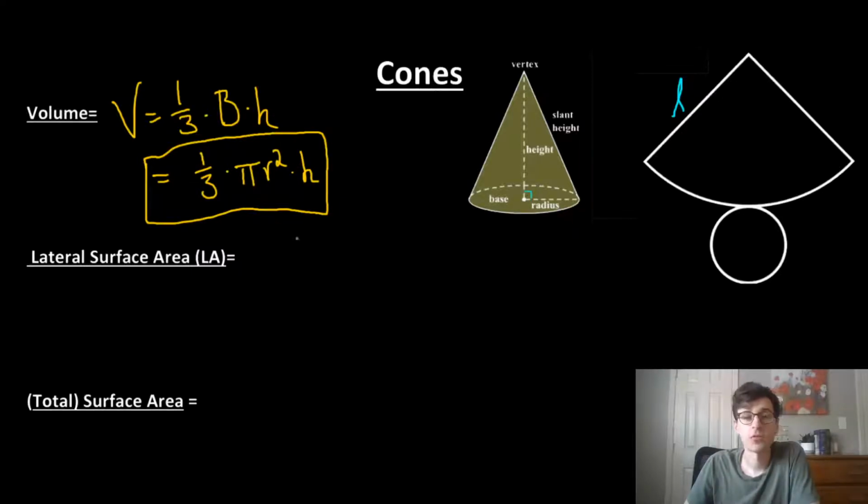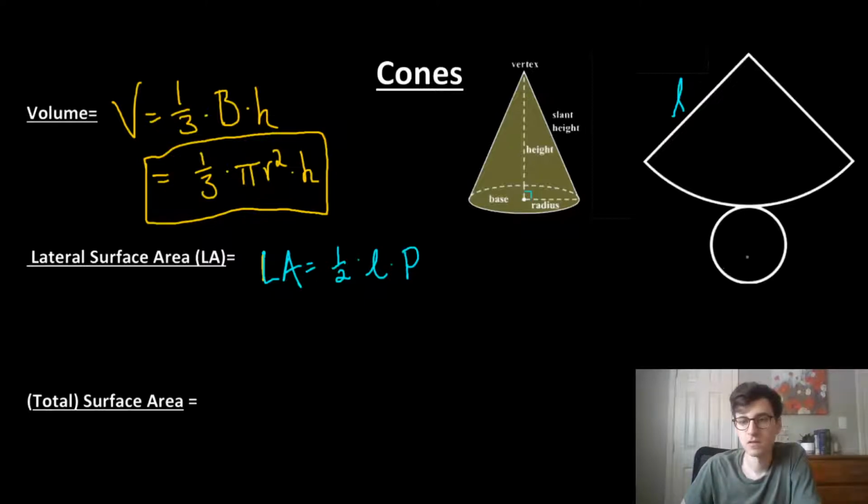Let's talk about lateral surface area. Just like in a pyramid, the lateral area is equal to 1/2 times the slant height. Let's maybe do this in blue, just so we can keep our formulas separate. The lateral area is 1/2 times the slant height times the perimeter of the base.